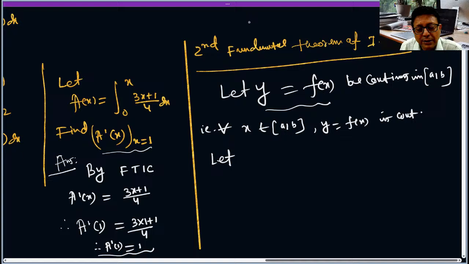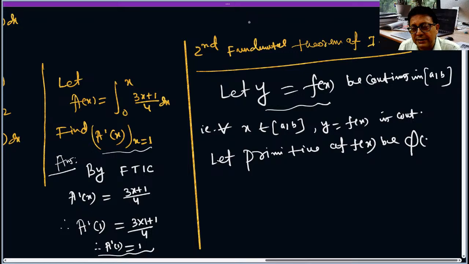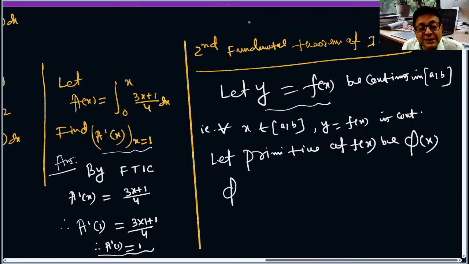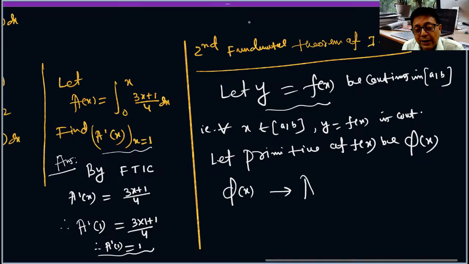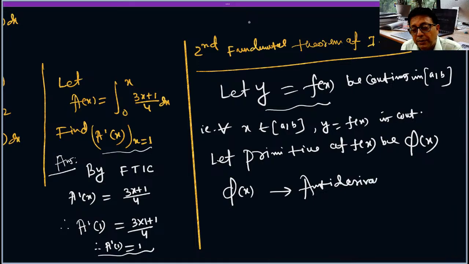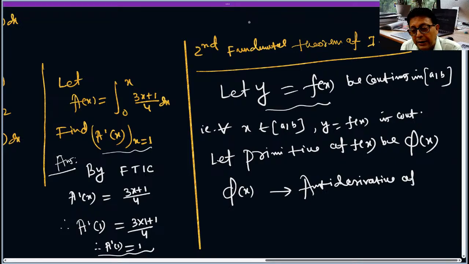Now let the primitive of f(x) be phi(x). What is the meaning of primitive of f(x)? That phi(x) is actually the antiderivative of f(x). What does it mean?